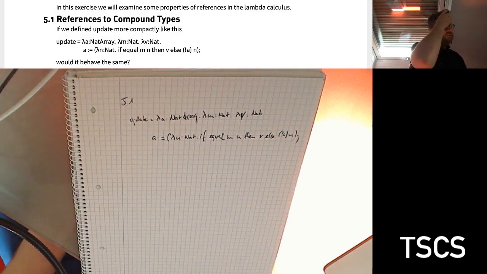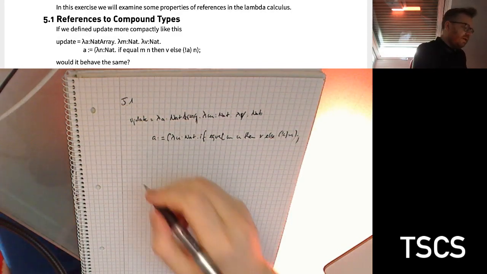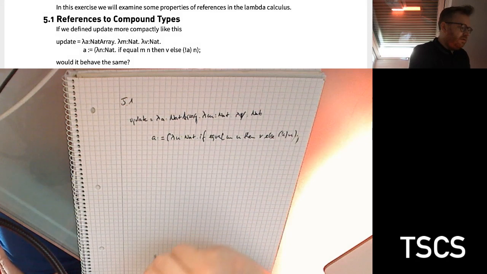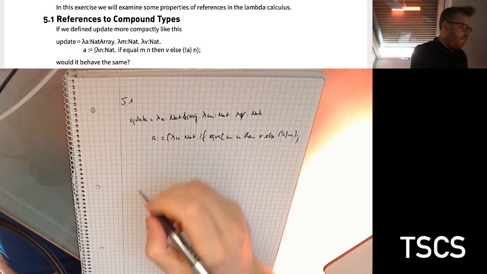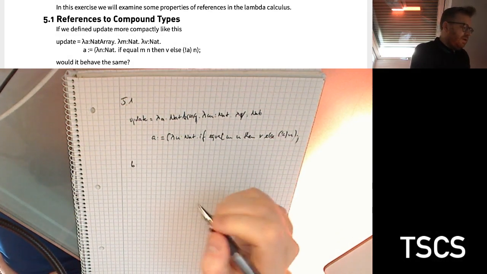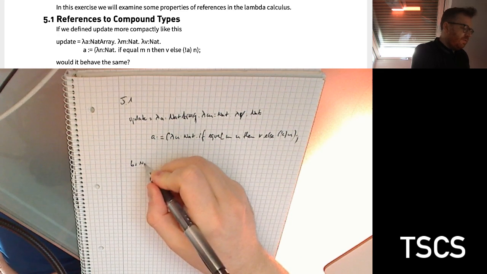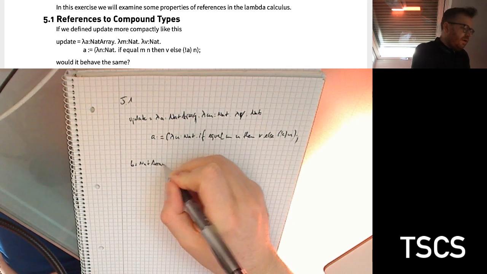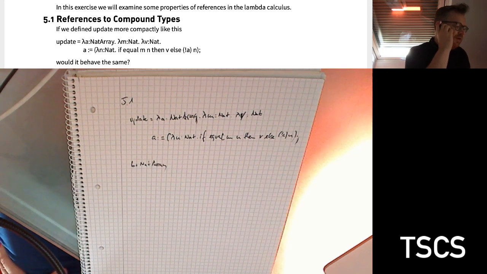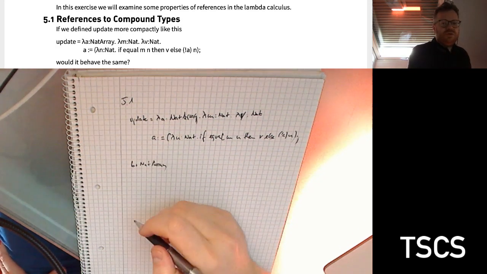So how would we use this? Well, let's say we have an array called A, or let's call this array B maybe. So B is of type not array. Let's assume that we have that, and let's use that now.